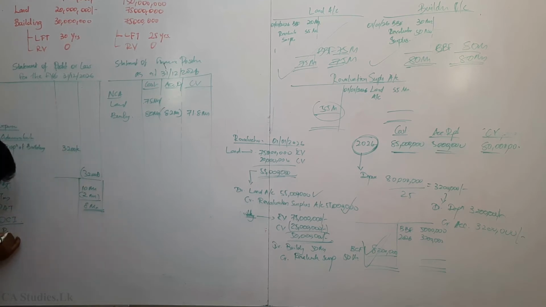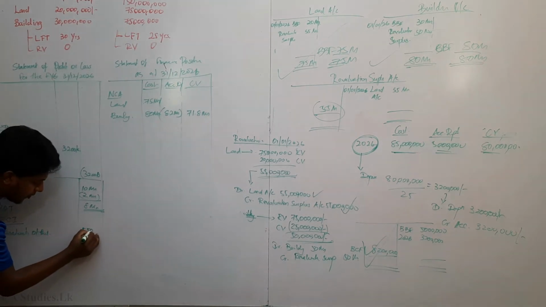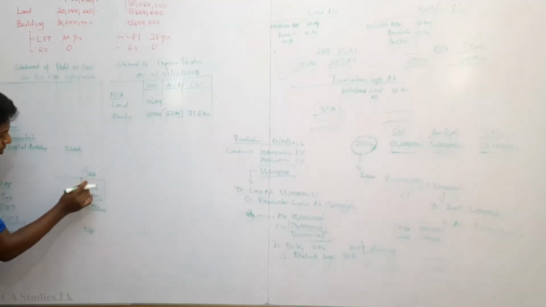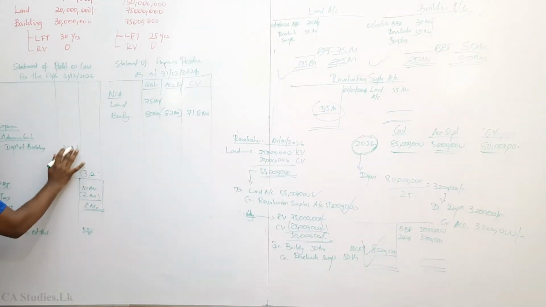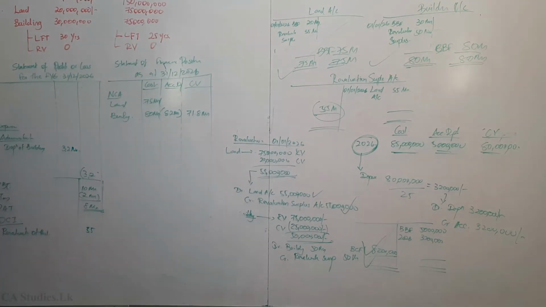Here, revaluation of the building and land, make a note now. 55 million, 3.2 million, right?